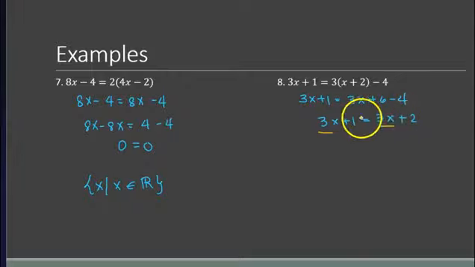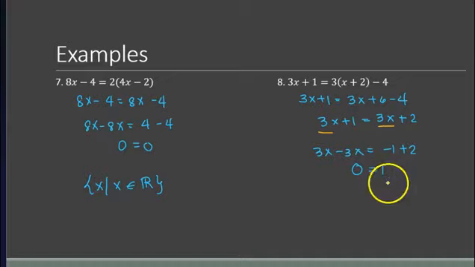Then those two will never be equal. Let's show it. When you transpose 3x minus 3x, positive 1 becomes negative 1. So what happens? 0 is equal to positive 1. And this is false.